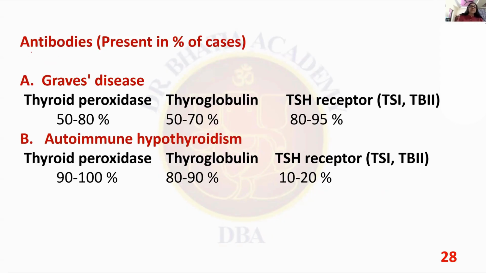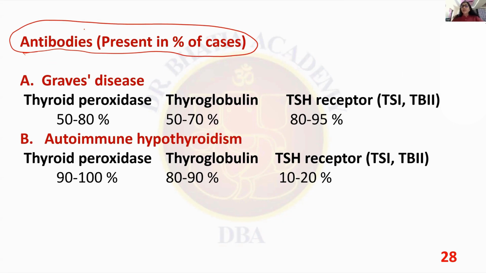Now, what is the percentage of these antibodies in the general population? So, presence of antibodies does not mean that you have disease. Presence of antibodies just means that you have an autoimmune profile. These antibodies may not be doing anything. So, in Graves' disease, you find that the TPO antibodies are present in 50 to 80% population.